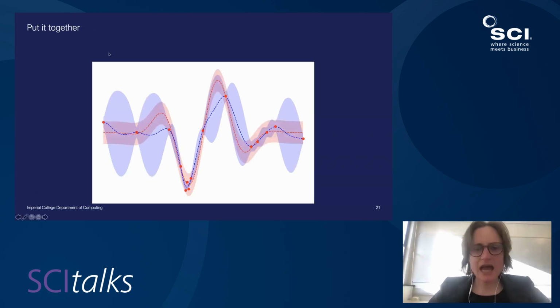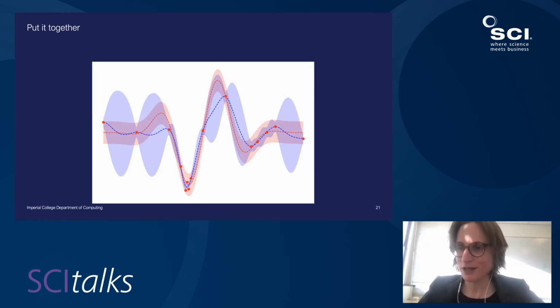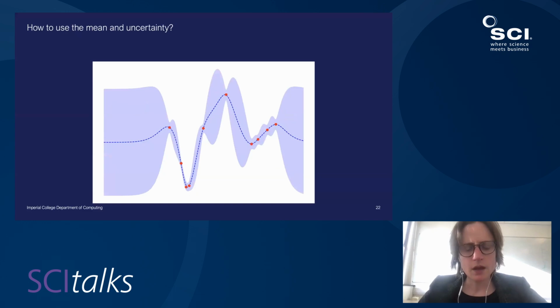So just to sort of recap, the red dotted line is what I wish I knew. The red dots is what I actually have, and the blue is my current mean function and my thoughts on the uncertainty. So I mean, it's pretty good for the few number of data points I have. But the question is, how do we now use this? Let's say I wanted to minimize this particular function.